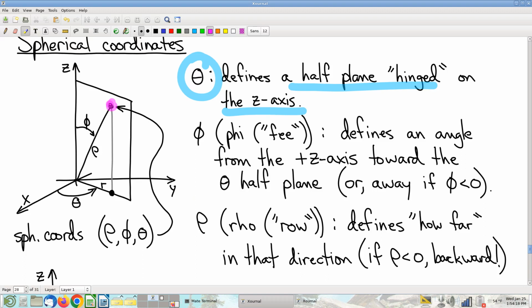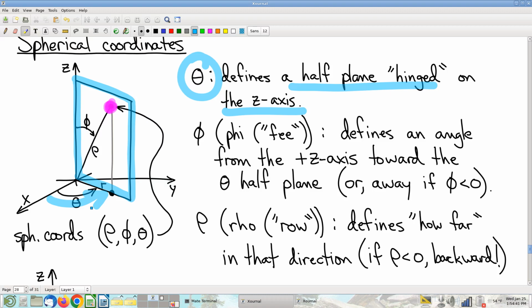So let's suppose, for example, we're trying to describe this point right here. That point is going to be in a half plane hinged on the z-axis, and we can talk about that angle, measured counterclockwise from the positive part of the x-axis, the angle that it takes to get to that half plane.